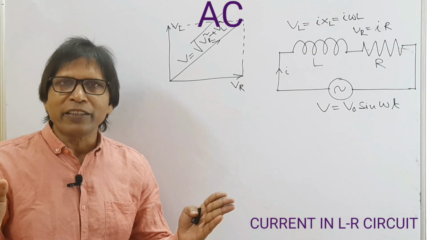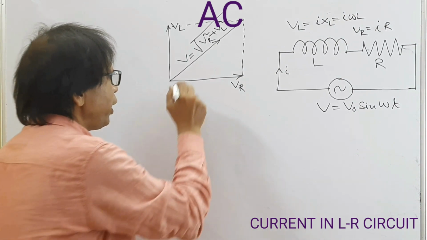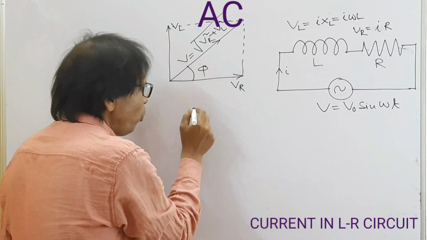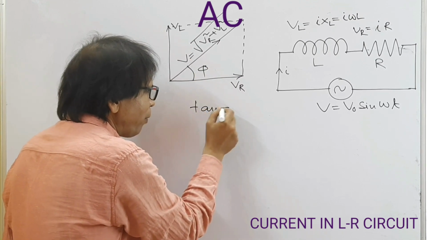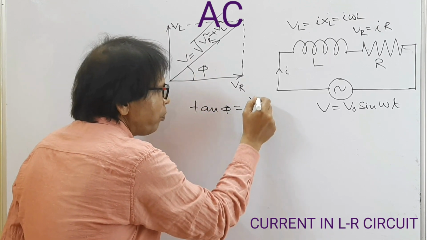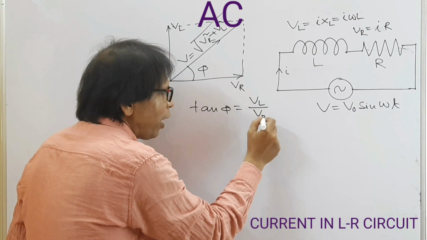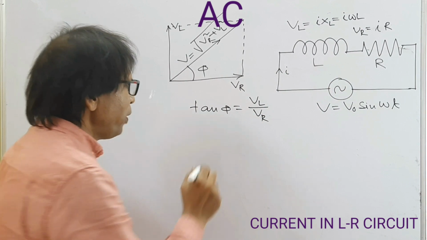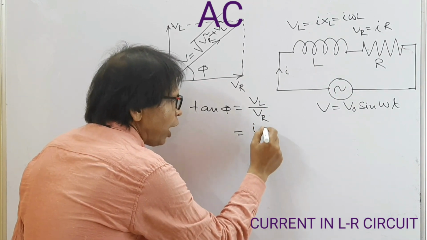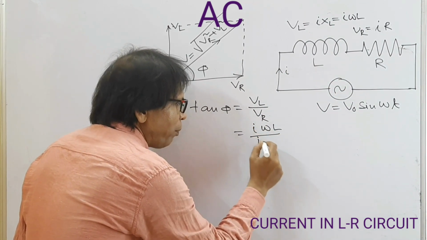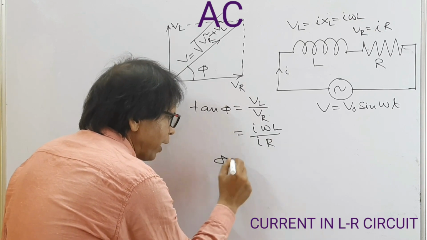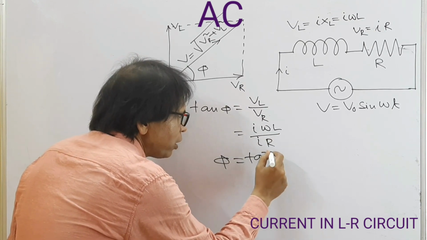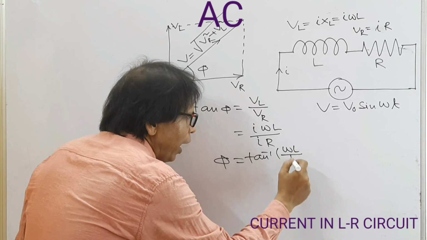If the phase difference between current and voltage is phi, then tan phi equals VL by VR. Now what is VL? VL is I omega L and VR is IR. So tan phi equals I omega L divided by IR, so phi equals tan inverse of omega L by R.